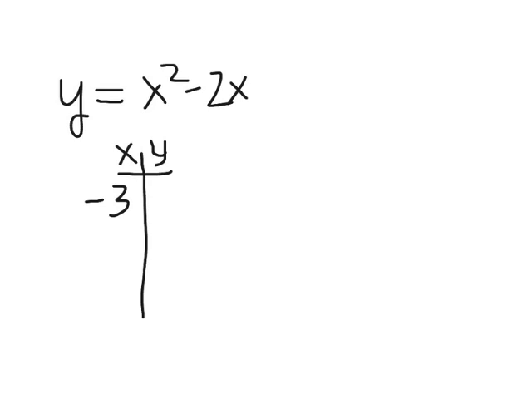Well, if I plug -3 in, -3 squared is 9 plus 6, because I got a double negative there, that's 15. So if I plug in -3, I only get one answer. What if I pick a different number? What if I plug in 1? Again, how many answers would I get? If I plug in 1, I would get 1 minus 2, that's -1. Alright, so this equation is a function.